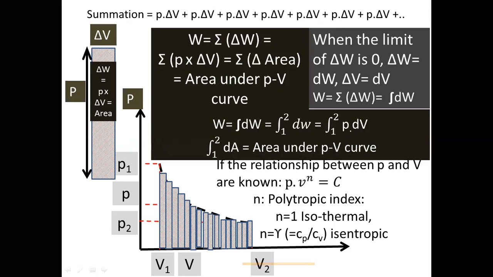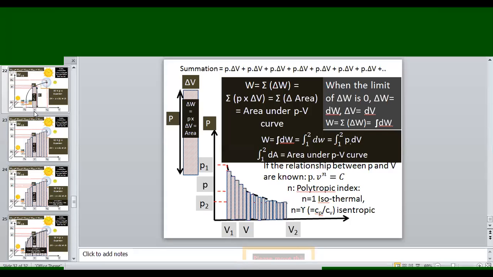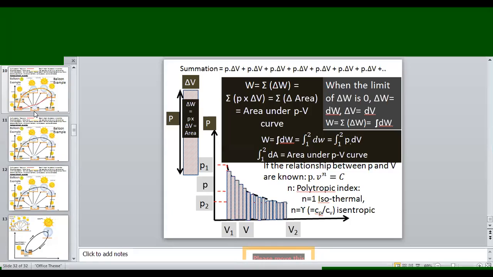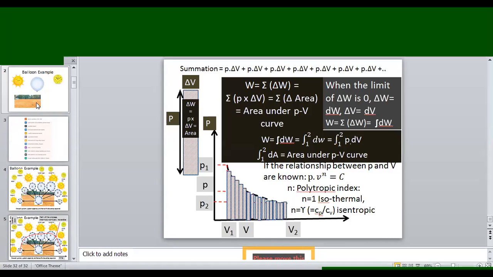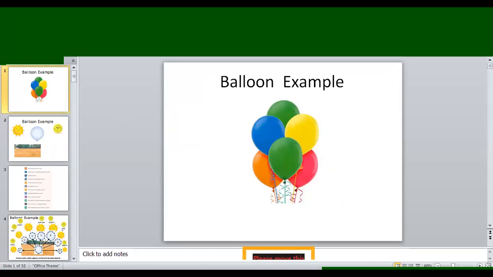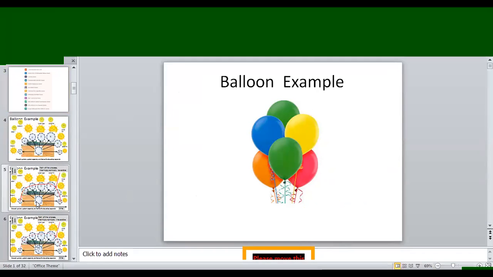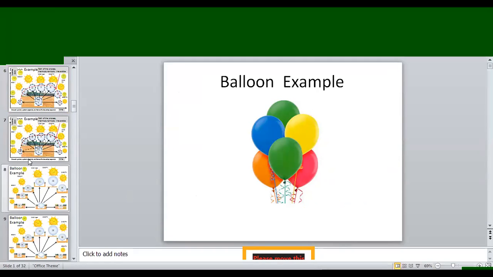The best is still the balloon example because it's easy for you. So this one is with the focus of evaluating the work done in closed systems mostly.